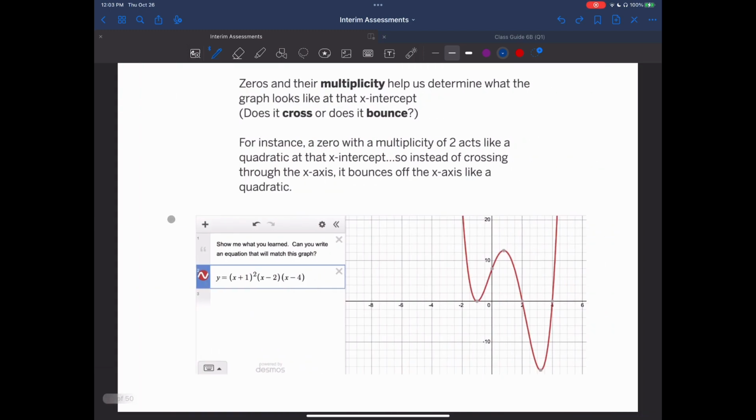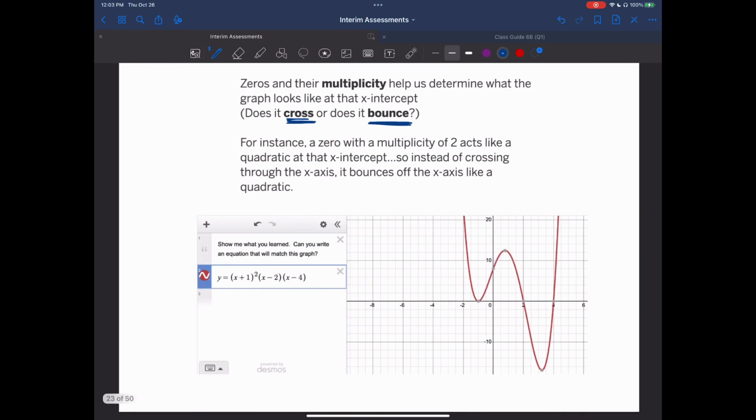Okay, let's go here. Jot down some notes if you need to, but I said zeros and their multiplicity help us determine what the graph looks like at that x-intercept, aka does it cross through the x-axis or does it bounce at the x-axis? Let's look down here. So I think this is the one we just looked at. Yes.